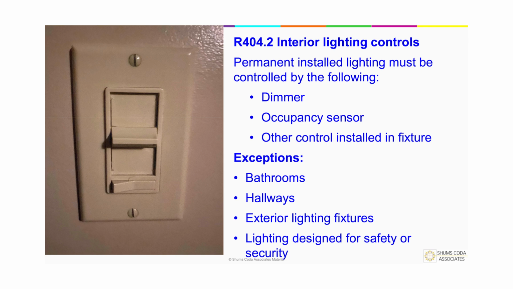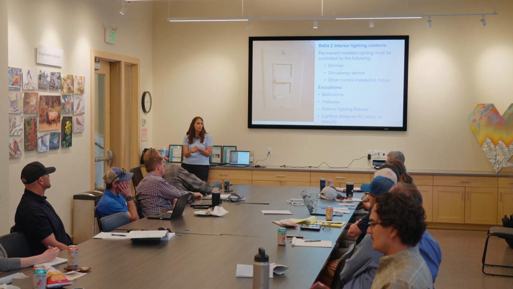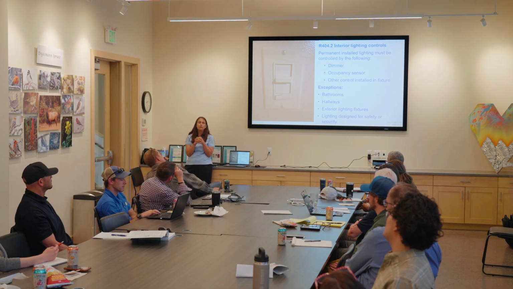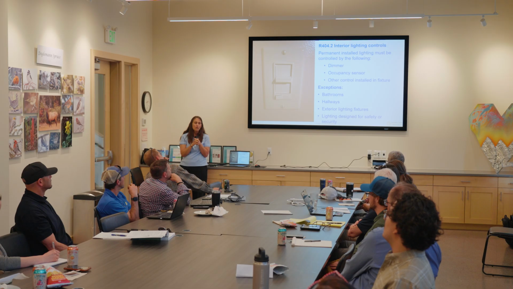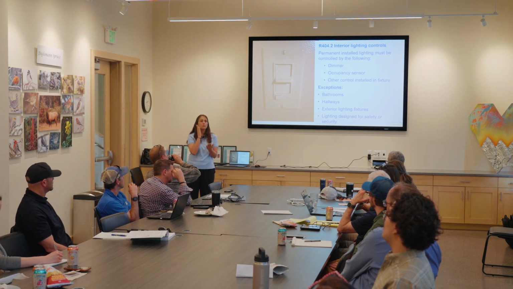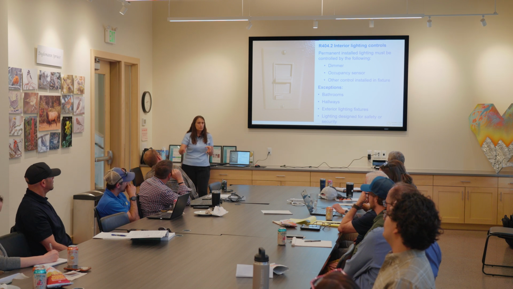What they're referring to is, if you think about it, R2s, R3s, and R4s that are 3 stories or less are going to have to comply with this. What is something that R2s, R3s, and R4s are going to have that a single family, 2-family, and townhouse is not going to have? Exit stairs. So we're going to have those exit stairs, right? And so that's what they're referring to as far as safety, security, not having controls on those stairs, right?